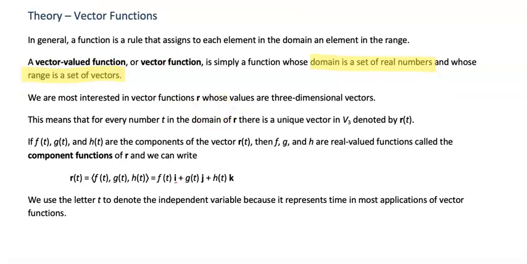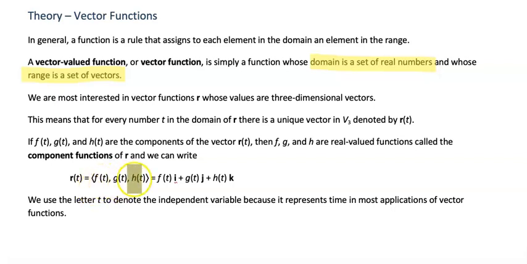All right. This is going to be particularly useful in these 3-dimensional vectors. So this means that for every number t in the domain, there is a unique vector in V3, just in 3 dimensions, denoted by r of t. So now we have this other parameter t, and we can rewrite this r of t, this vector, in terms of t.